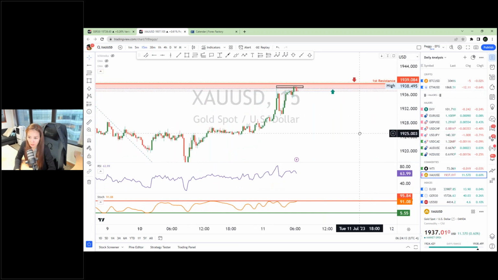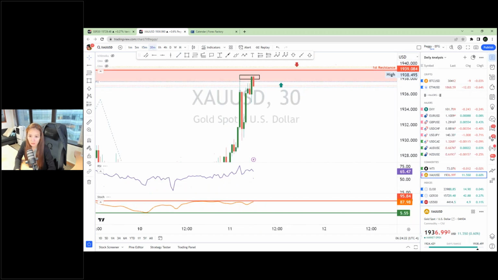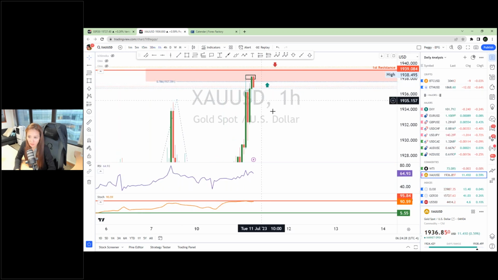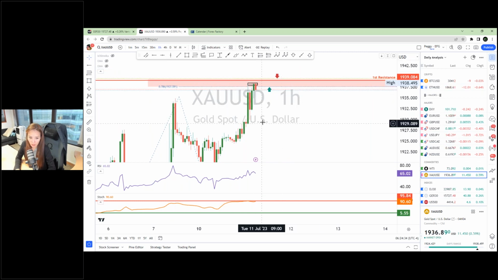Okay, this is an inverted hammer. Price coming down, doing good in M15. You still can hold. You can see M30 is still doing good as well. This is a good sign. If you hold the sell, that's a good sign that price is coming down.